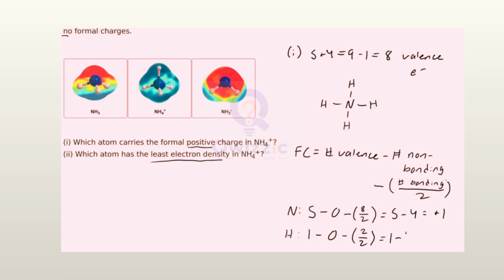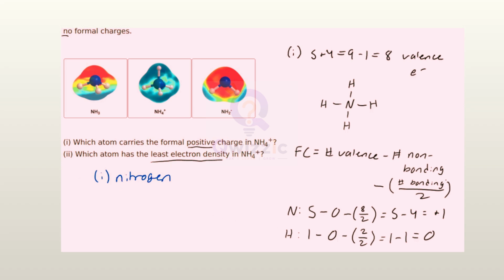Right, so that's 1 minus 1, which equals 0. So for part 1, it's going to be nitrogen that carries the formal positive charge. So in blue on the side here, I'm going to go ahead and write that for part 1, the atom that carries the formal positive charge is going to be nitrogen.